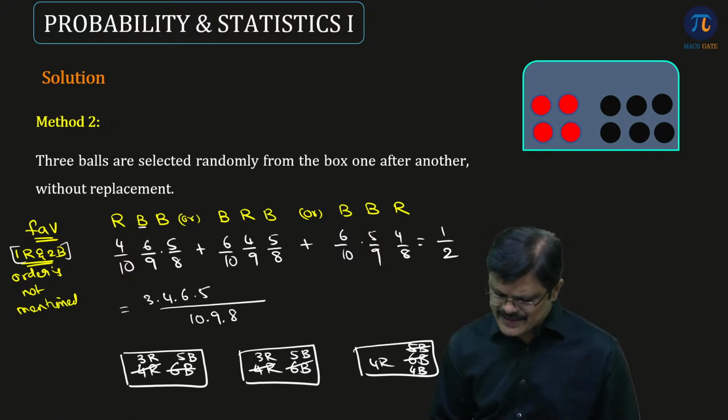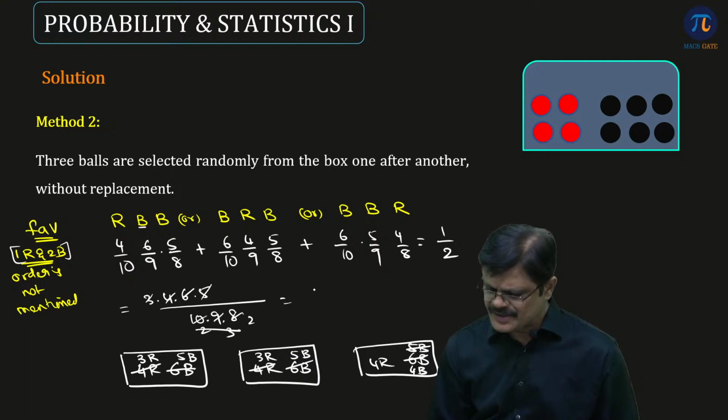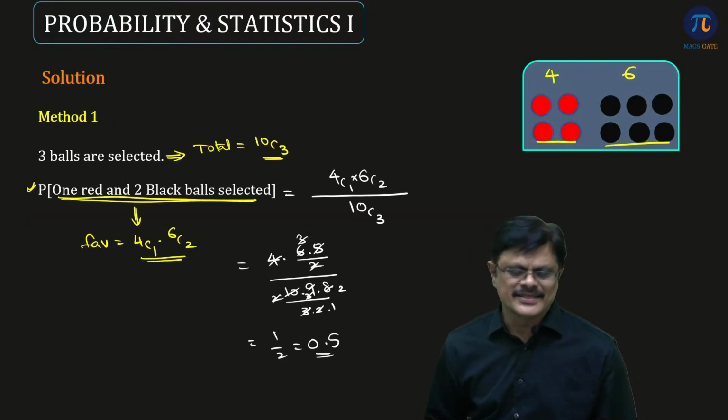So I can simplify this: 5 twos, then 3 threes, 6 gone, 4 twos, which is 1 by 2. And this answer is exactly the same as the previous answer.